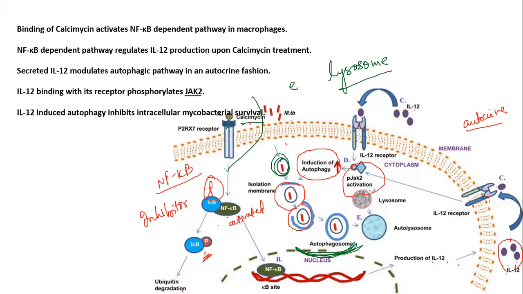Then it gets fused with the lysosome, resulting in the formation of the autolysosome. Now, what is happening? In the autolysosome, you have certain enzymes which are going to kill the Mycobacterium tuberculosis. Guys, clear? It was a little long, but I hope you got the point. I can repeat again if it is required.